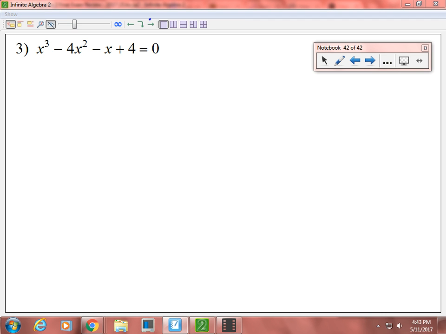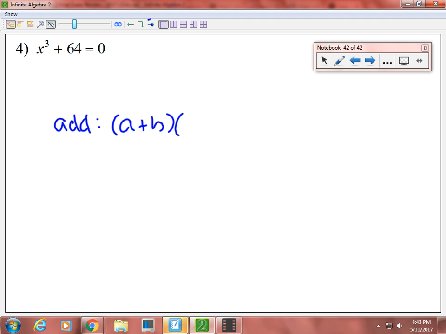Number 4 has to do with cubes. Okay, so remember that when we do cubes, they're a little bit different. They have their own formula. Remember, when it is addition, you're going to go a plus b, a squared minus a times b plus b squared. Okay, so then you have to decide what your a and your b values are.